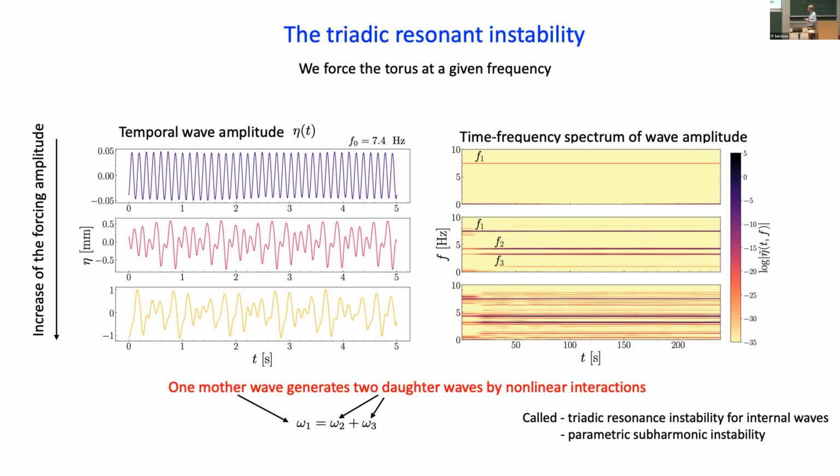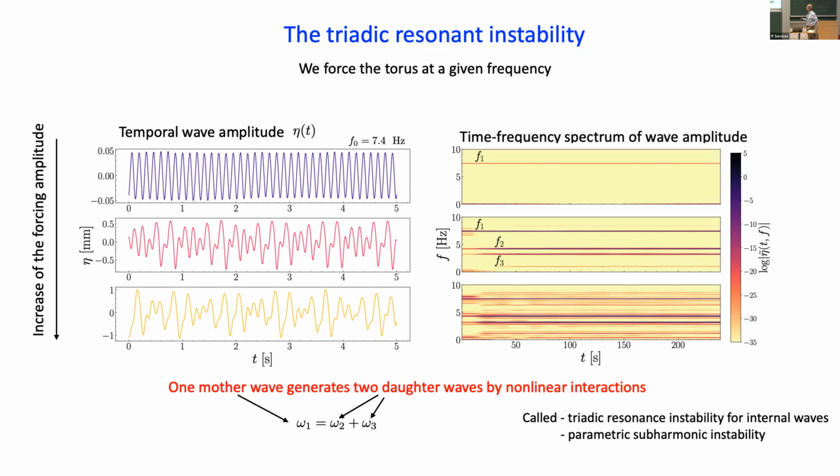And if it is stronger still, you find a lot of waves that are generated by interaction. This generation is called a triadic resonant instability for internal waves, or parametric subharmonic instability if f2 equals f3.